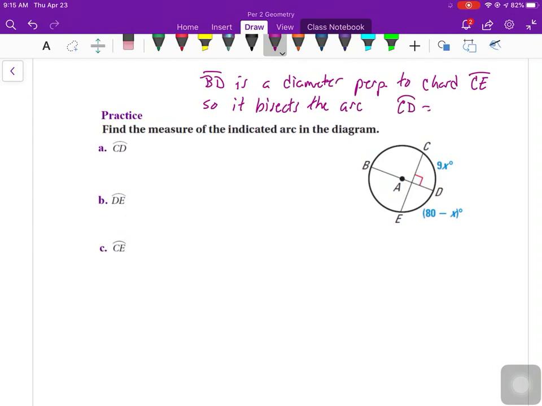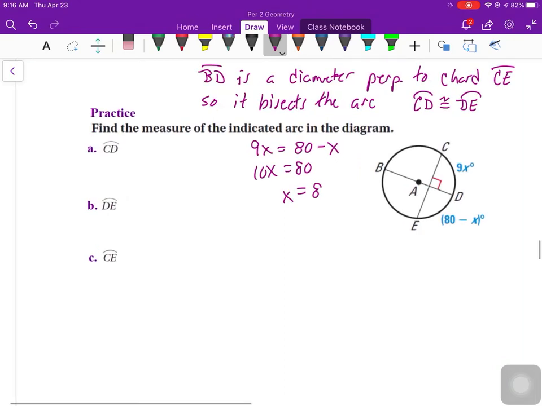Arc CD will be congruent to arc DE. We can set those two equal to each other then. 9x will equal 80 minus x. 10x equals 80. x equals 8. If x equals 8, then the measure of arc CD will be 9 times 8, which is 72.